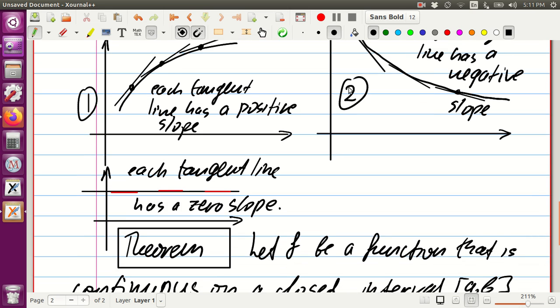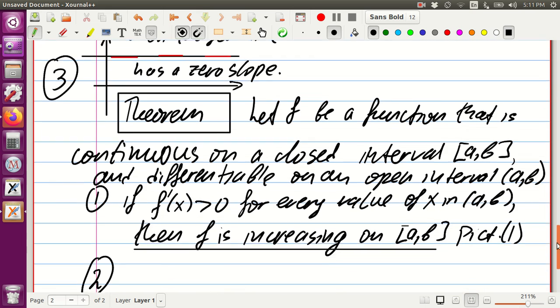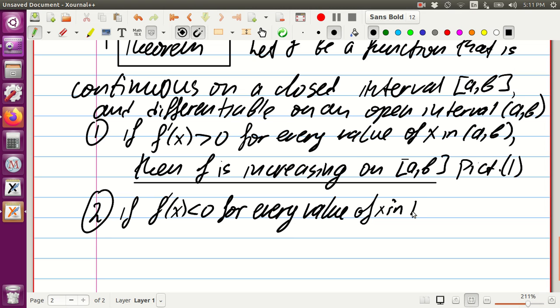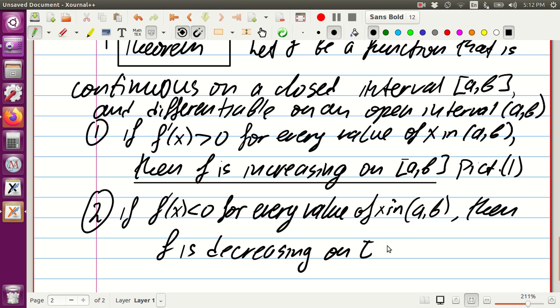Picture 2 and picture 3 follow. The second part says that if f prime of x is negative for every value of x in (a, b), then f is decreasing on (a, b). And this is picture 2.